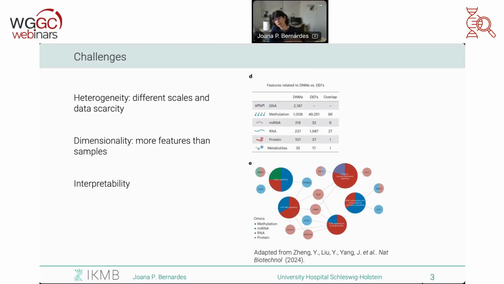And of course, we now have multiple tools available, like MOFA, etc., and I'm not saying anything against them. But I find that the results and insights that we get from these types of analysis are not the easiest to interpret.